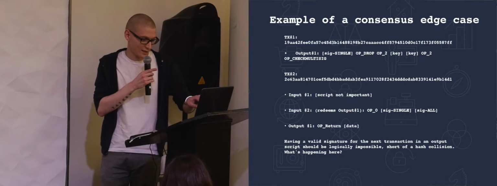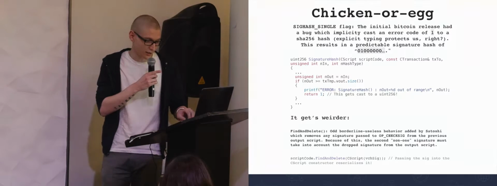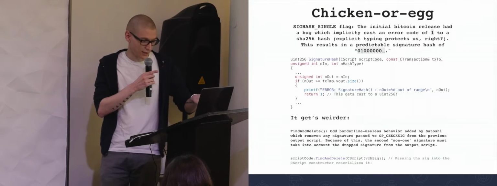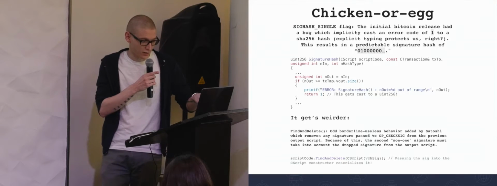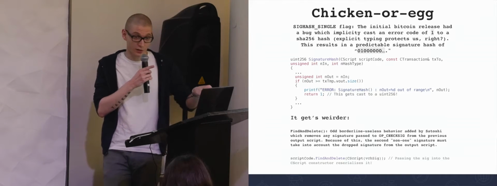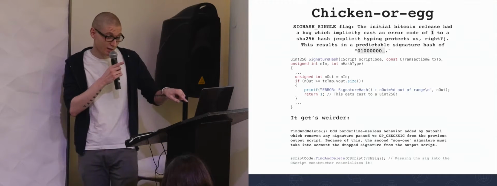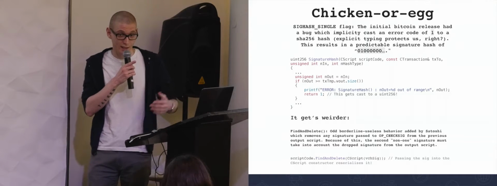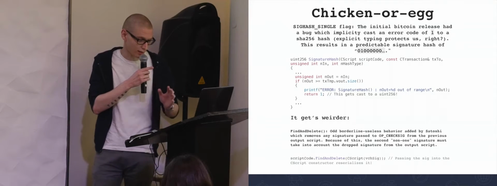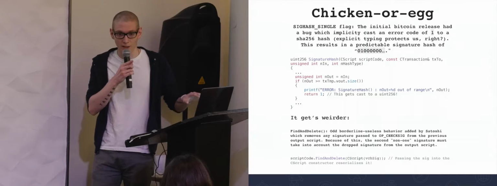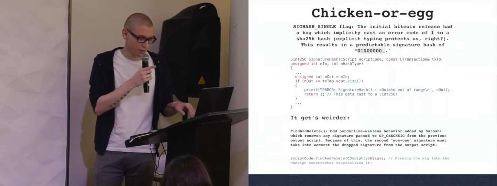So when it does sig hash single on the second input, what happens? Well, this happens. If you notice, it returns a 1, but this function is returning a uint256, which is a 32-byte hash, a SHA-256 hash. So when it returns a 1, it gets cast to a uint256.